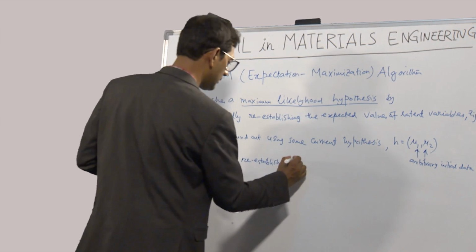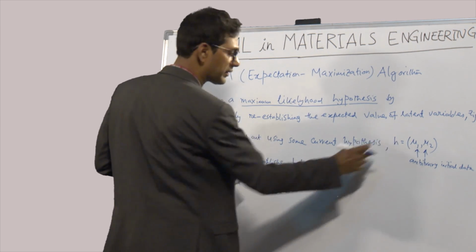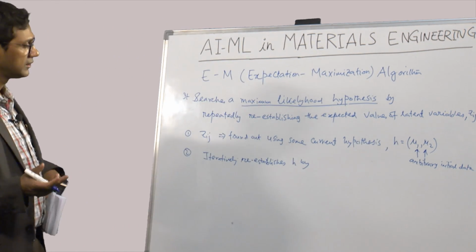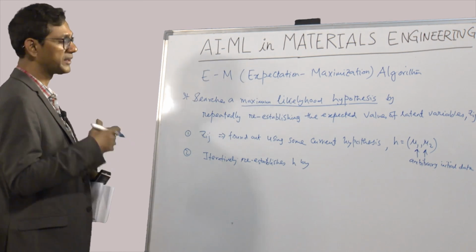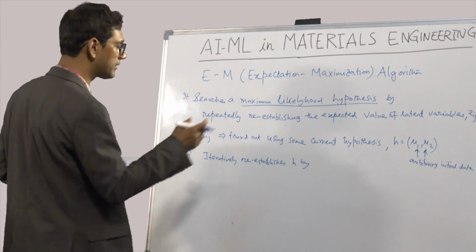H is a function which we assumed initially based on initial data, but that was based on a certain current hypothesis or current function.